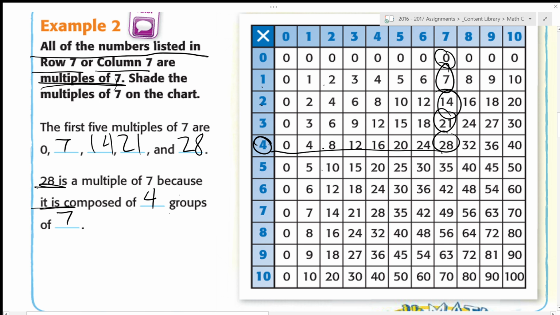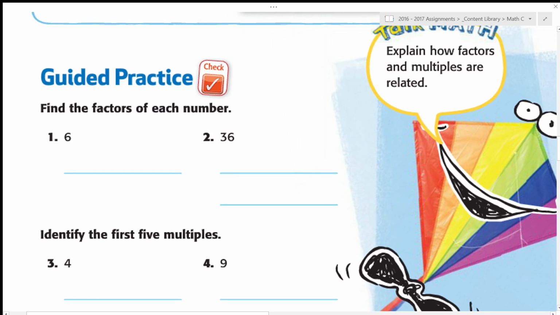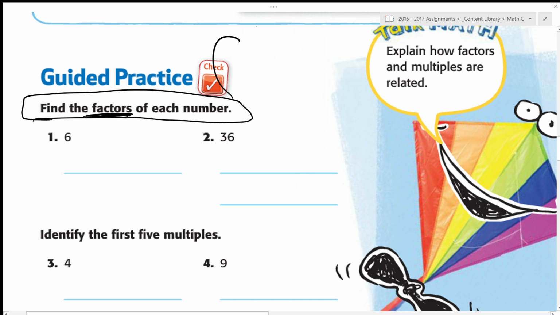All right, so now we've done this, let's go ahead and go on to some practice ones that we can do together. So we're going to find the factors. Now think about which one is the factors. Factors are decomposing. So up above we did the factors of 12, and you could do 12 times 1, or you could do 3 times 4, and so on.